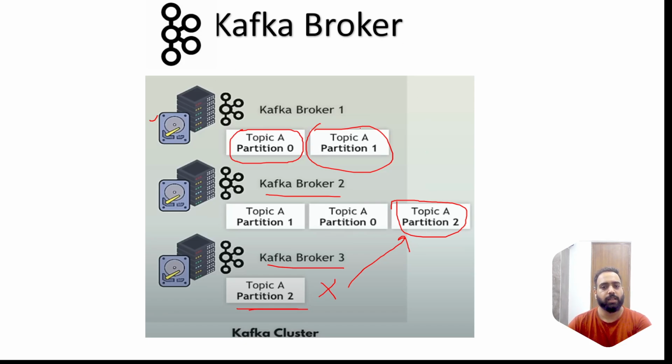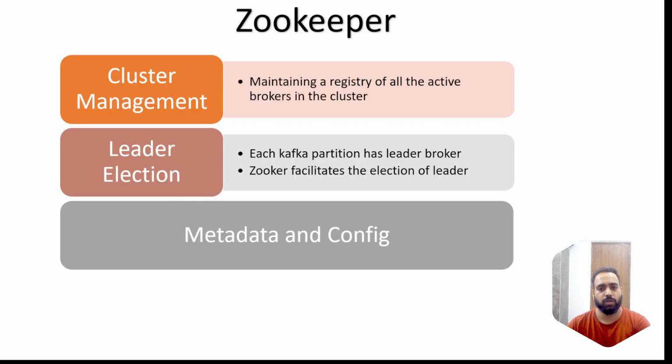To handle this broker concept, like which brokers are active or not, Kafka uses a tool called Zookeeper. Zookeeper maintains a registry of all the active brokers in the cluster. If any one broker is down, another broker will start handling the events from that broker or topic. That is the task of Zookeeper.